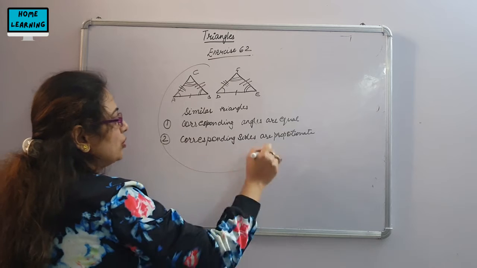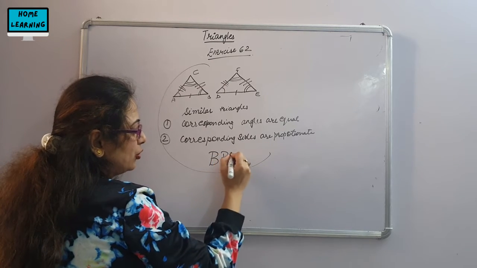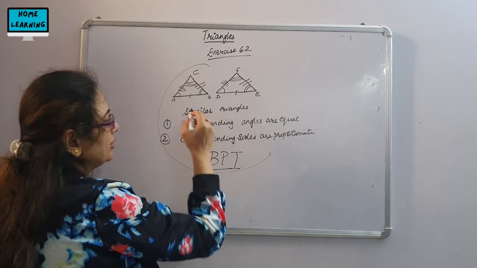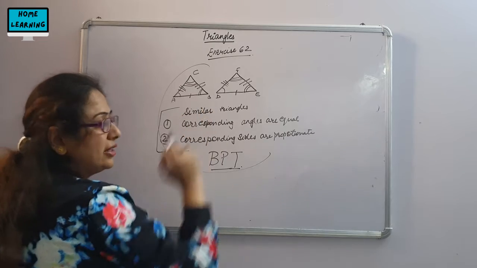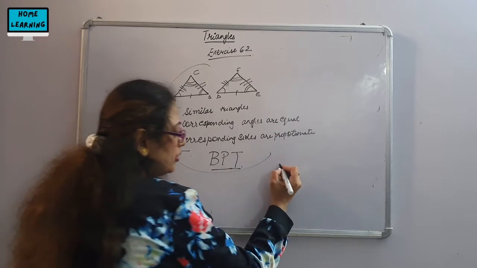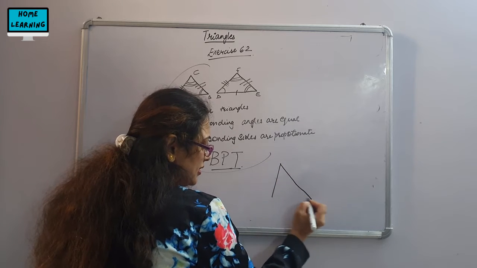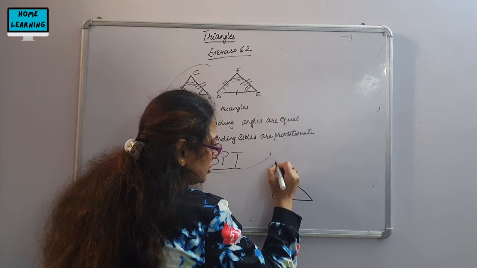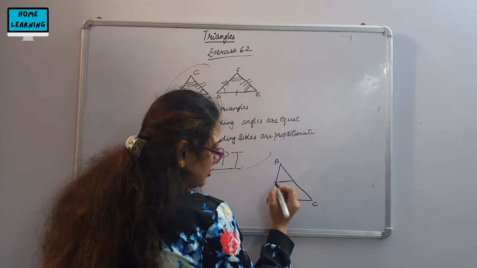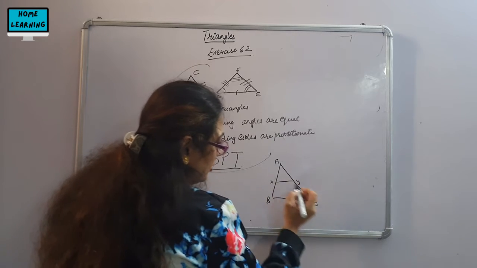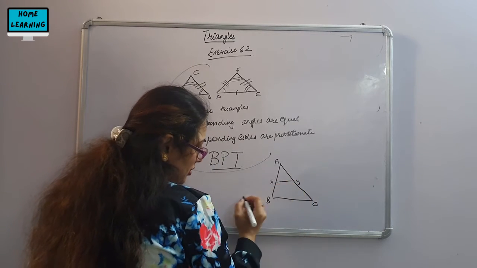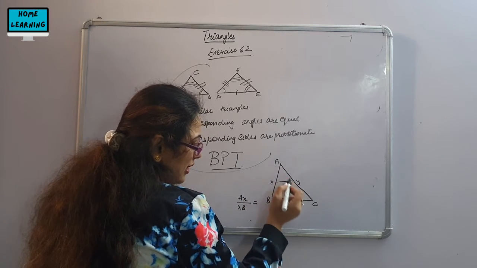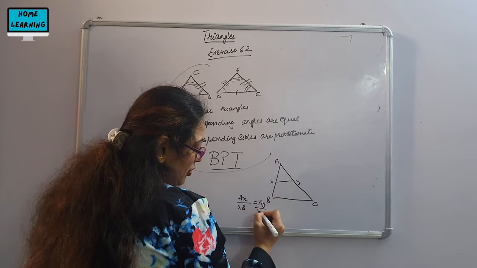And on the basis of this only, we get the BPT theorem or Thales theorem. So, for that theorem, this is the base: similarity of triangles. As per the BPT theorem, the Thales theorem, it is clearly given that whenever there is a triangle and a parallel line divides the triangle and forms another similar triangle, then AX upon XB is equal to AY upon YC.